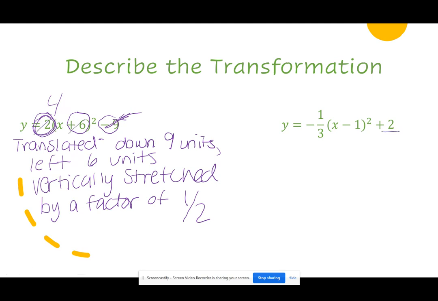Over here, I'm going to start over here, say translated up 2 units, since our k is a positive 2. We're going to look at our h, it's -1, so we're going, instead of to the left, to the right 1 unit.